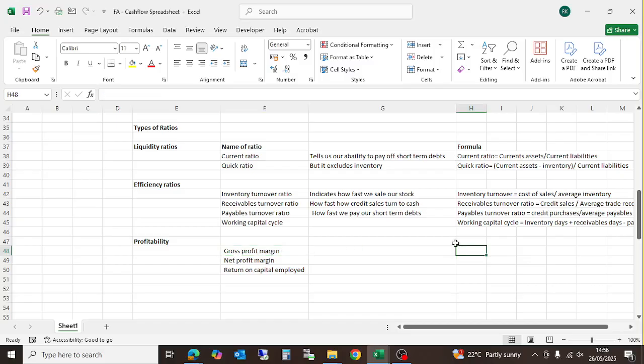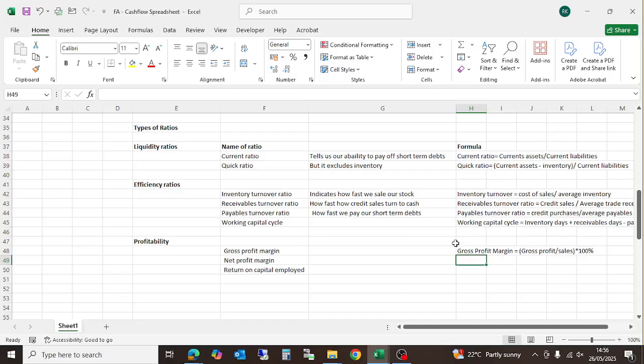So the formula for the gross profit margin is we get our gross profit and we divide it by our sales. Then we multiply everything by 100%.